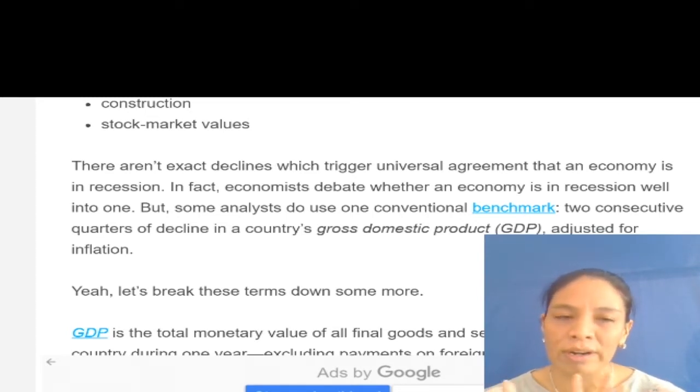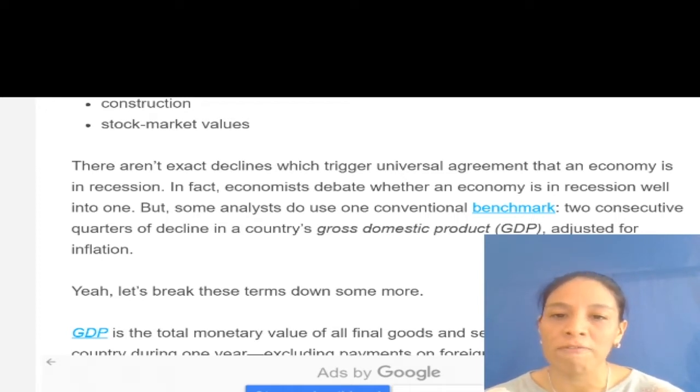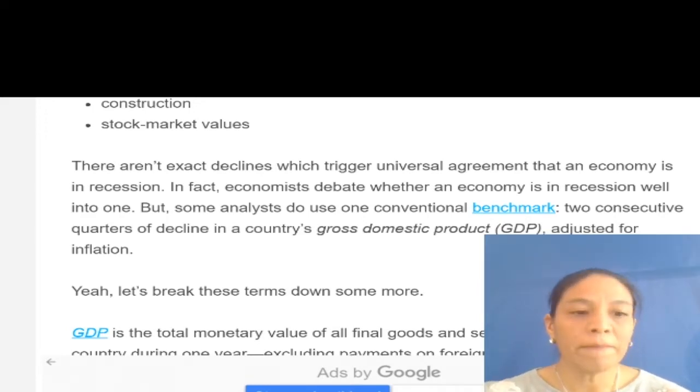I mean, you're going to find many authors, don't write this that I'm reading, okay? Economists debate whether an economy is in recession, but some analysts do use one conventional benchmark: 2 consecutive quarters of decline in a country's gross domestic product, what I just said, okay? How do we know? Well, you have 2 trimesters, okay?